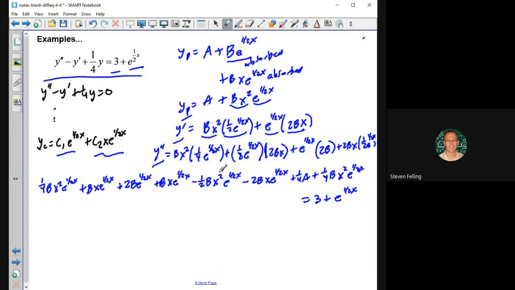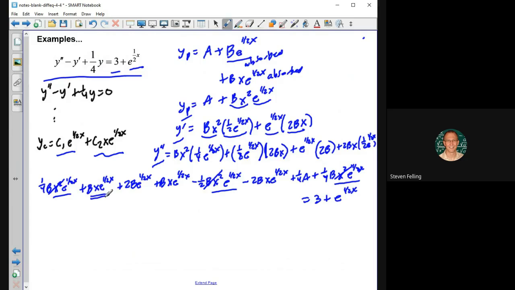All right, so let's take all the terms. First of all, we've got some x squared e to the 1/2 x terms. That's this one and this one, and this one. So we've got, let's see, a fourth and a fourth is a half. Minus a half means these cancel. These all cancel to 0. Okay, and then I've got an x e to the 1/2 x term, right?